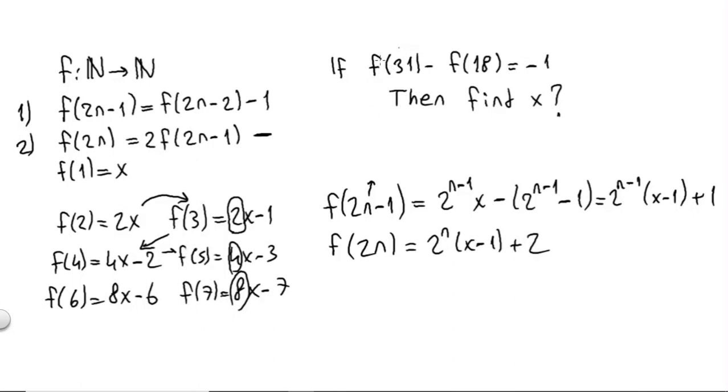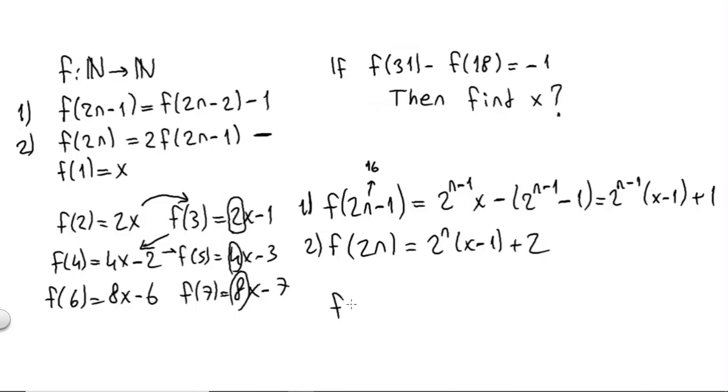Well, I'm given f of 31. So let's say this is my first equation and this is my second equation. They're basically the same, but now I already know the general term without a recurrence relation. To get f of 31, I just need to put n equal to 16 here.